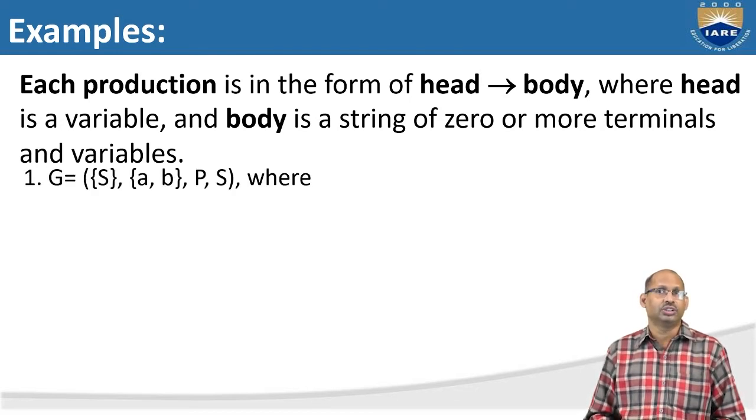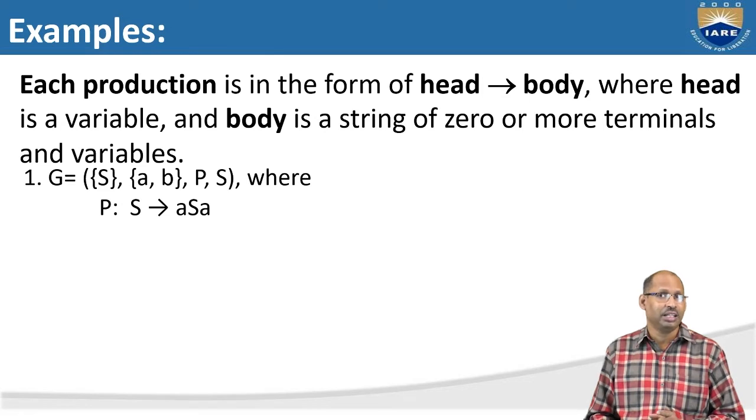Right? So here G equals (V, T, P, S). S is a variable, A and B are the terminals, P is the list of productions, S is the starting variable.